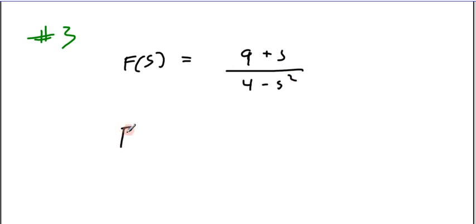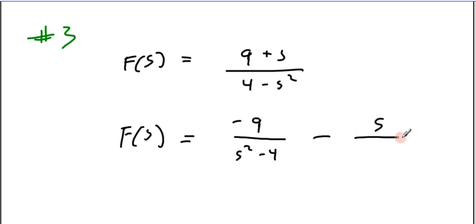So I'm going to have F of s is equal to 9 divided by, we're going to make it minus 9, s squared minus 4. And we're going to make it minus s over s squared minus 4. Now why is that? Well, because we know that that's going to give us the hyperbolic cosine stuff. Okay, so hyperbolic sine, hyperbolic cosine.